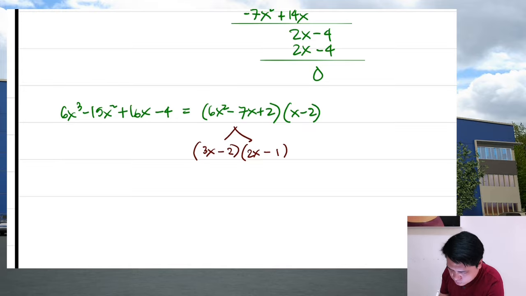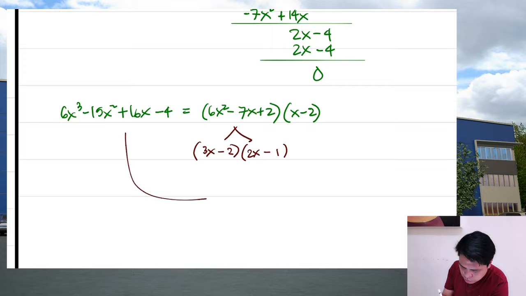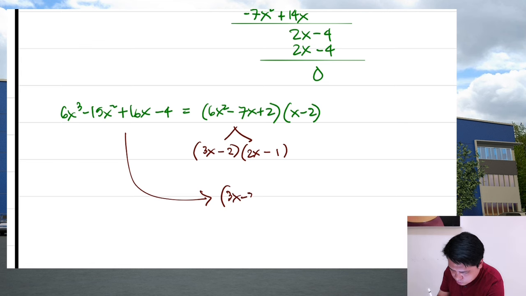So the complete factorization of this third degree polynomial is 3x minus 2 times 2x minus 1 times x minus 2.